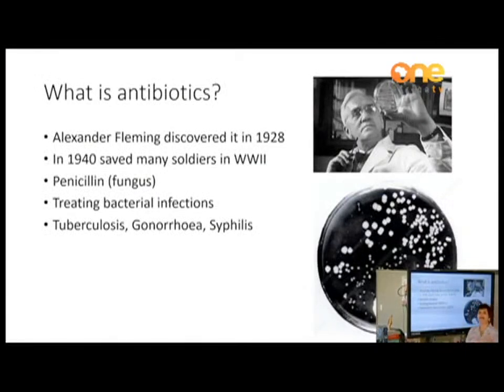We look at antibiotics. Yes, you all know that antibiotics was developed by Alexander Fleming in 1928. He discovered it. What happened was he had a Petri dish full of bacteria, and accidentally there was a piece of fungus, penicillin fungus, in between the bacteria.